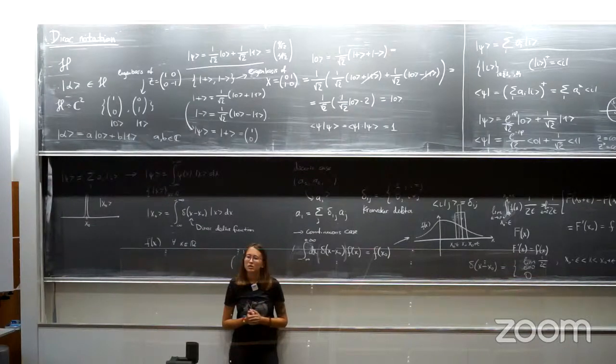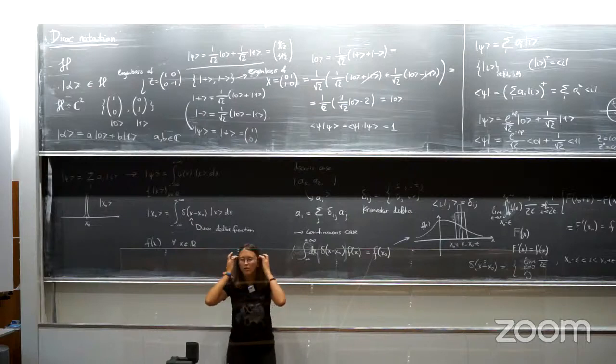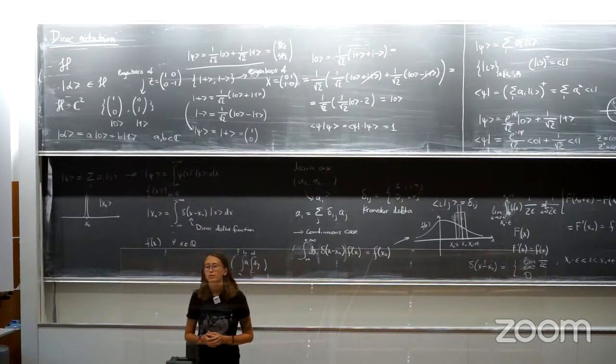So this is now say delta with subscript x0. So that's just one variable and x0 is set.